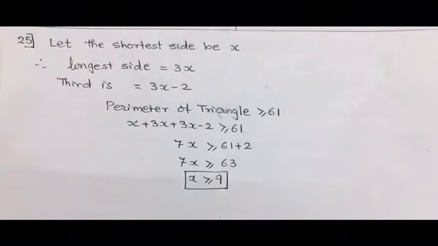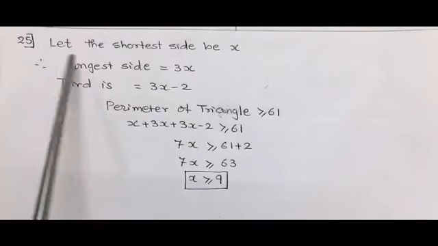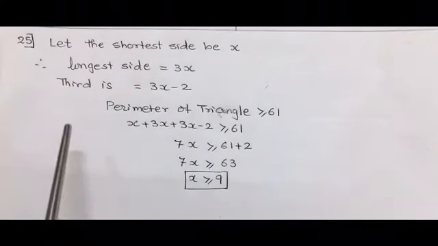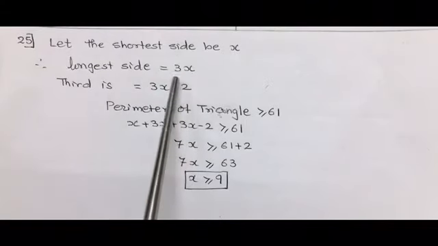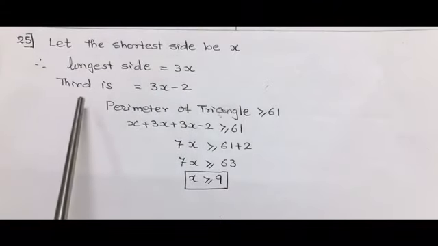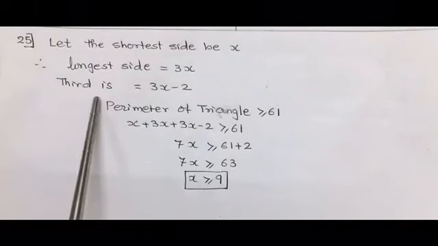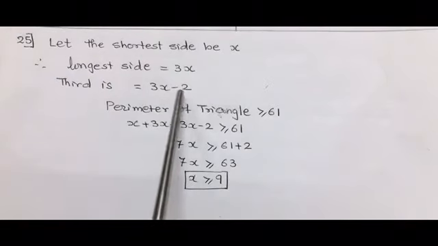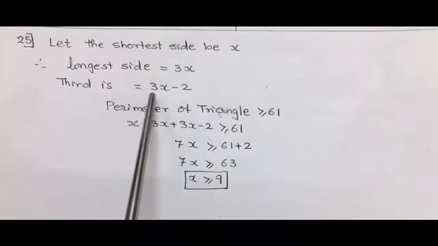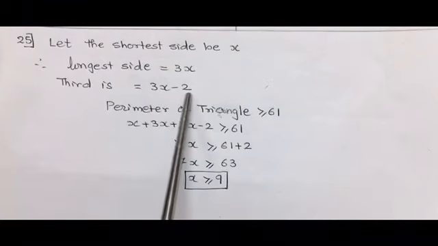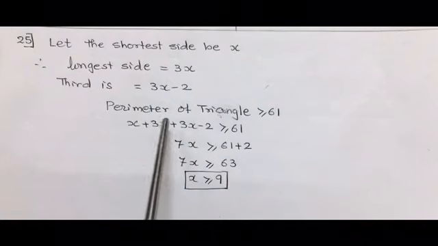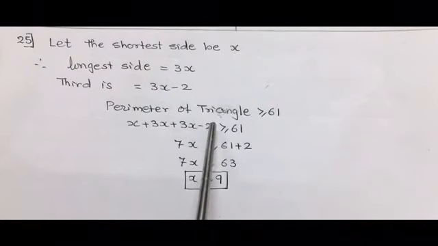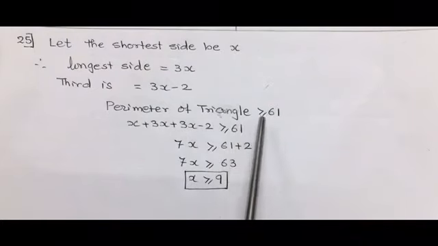So we assume here that the shortest side is x. The longest side is 3 times x, so it becomes 3x. And the third side is 2 less than the longest side, so it becomes 3x minus 2. Now the perimeter of the triangle is at least 61.